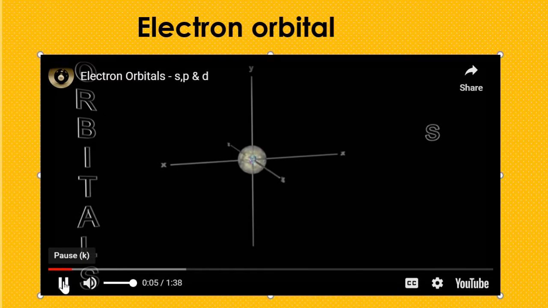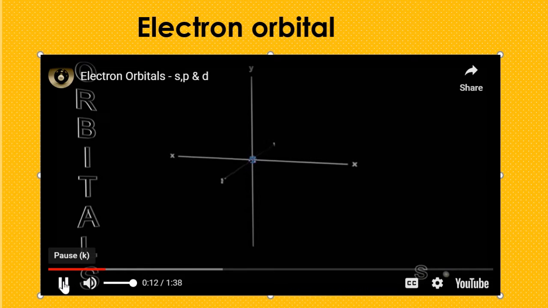So this is where we start from the lowest energy level as S orbital, spherical in shape, right from the center of the atom.